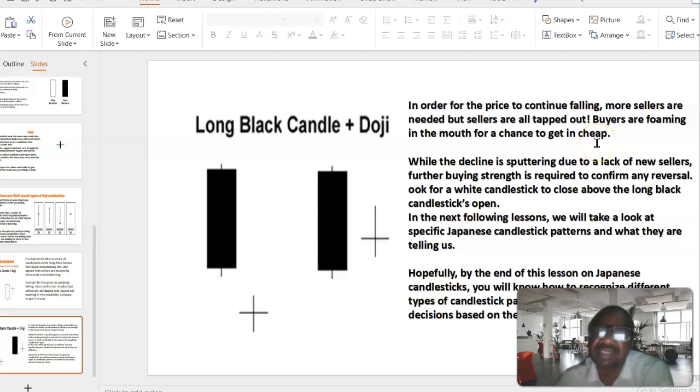The decline is sputtering due to a lack of new sellers. Further buying strength is required to confirm any reversal, for a white candlestick to close above the long black candlestick's open. In the following lesson, we will take a look at specific Japanese candlestick patterns.